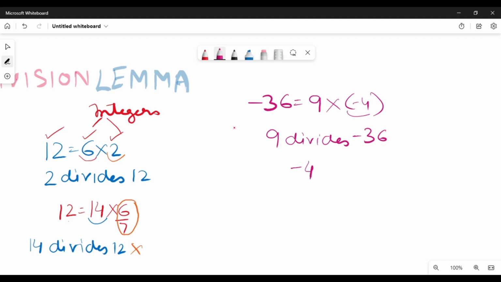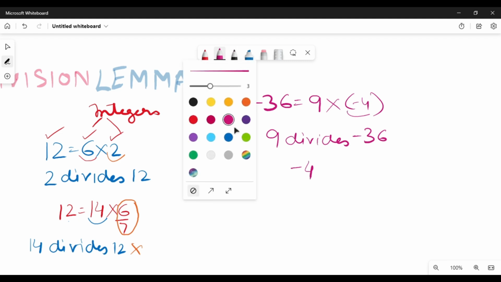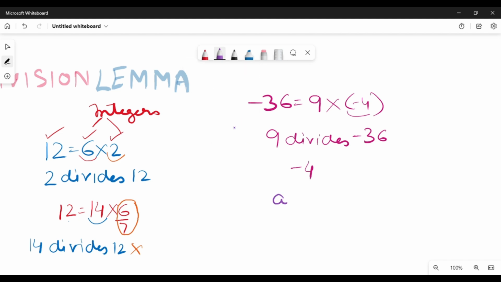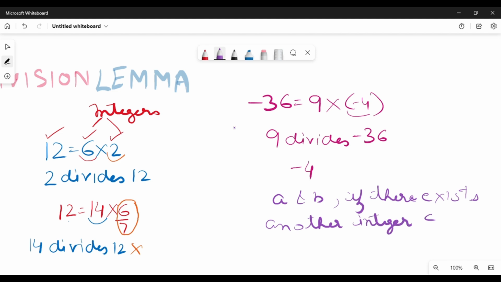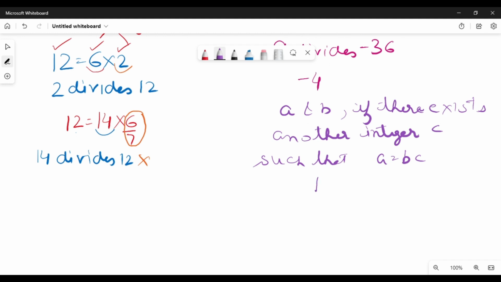If a and b are two integers, and if there exists another integer c such that a is equal to bc, then I can conclude that b divides a.